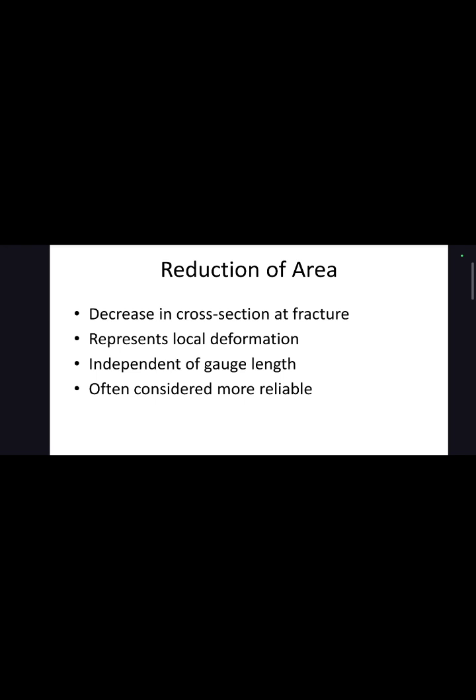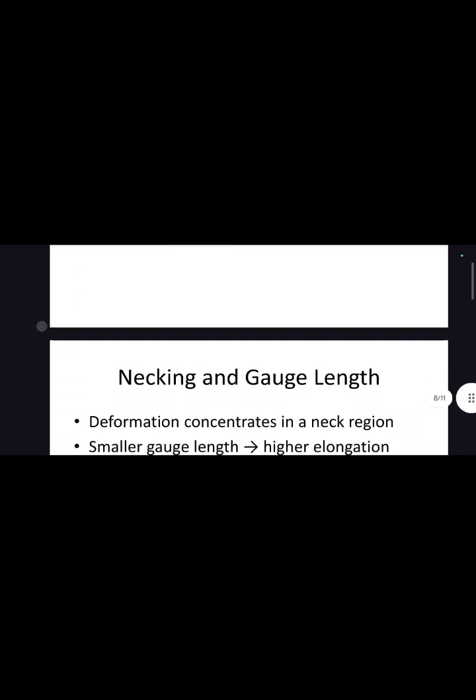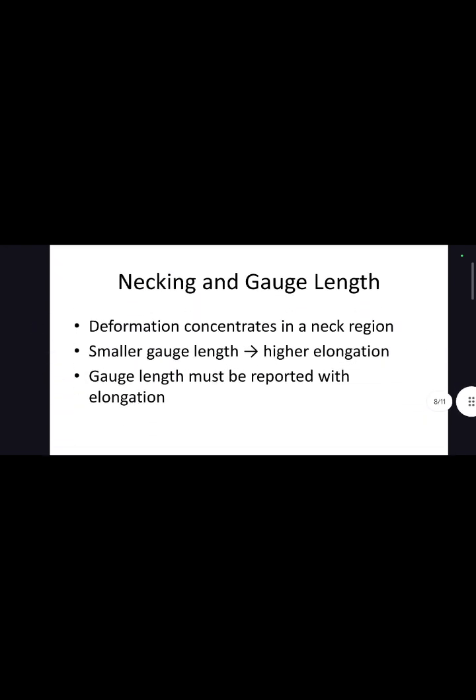Necking. When a specimen is stretched during a tensile test, deformation does not occur uniformly throughout its length. Instead, most of the deformation happens in one small region called the neck. This is the place where the specimen becomes thinner before breaking. Because of this, elongation depends on something called the gauge length, which is the length over which we measure extension.